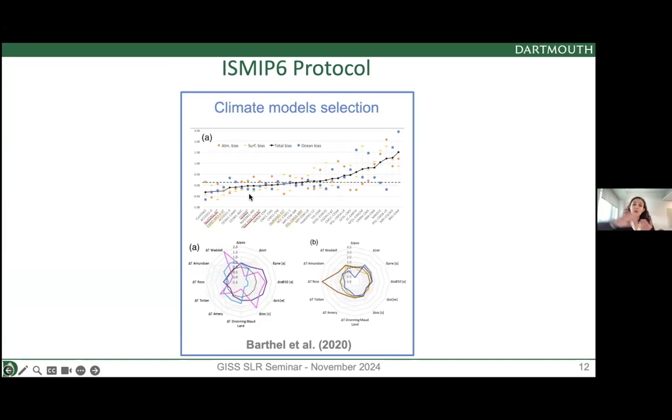And then when we want to look at future scenarios, as I've said, one of the goals of ISMIP7 is to look at, as ISMIP6 was, the uncertainty in projections. And so we don't want to select climate models that all tend to warm a lot more than the other ones or a lot less.